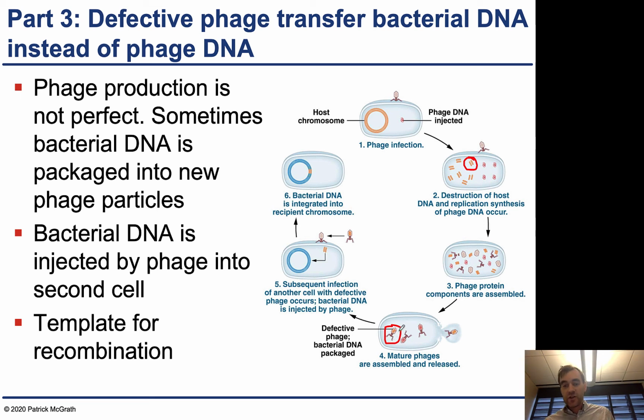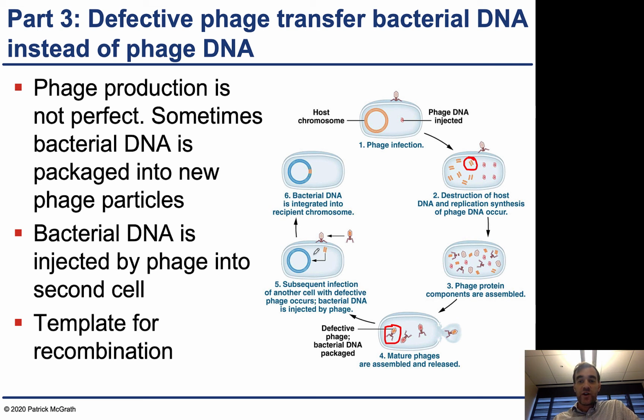Again, we have release because the cell is lysed, and if this particle is lucky enough to find a bacterial cell, you've injected that DNA into the bacterial host. But now, instead of the cell dying, this DNA doesn't contain any of the viral factors necessary for killing the cell.